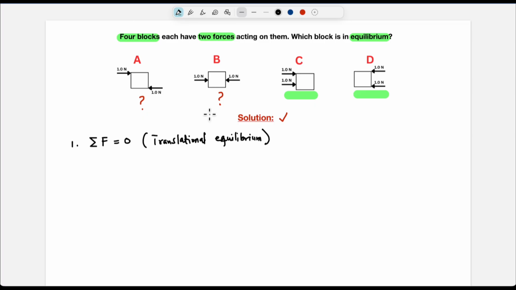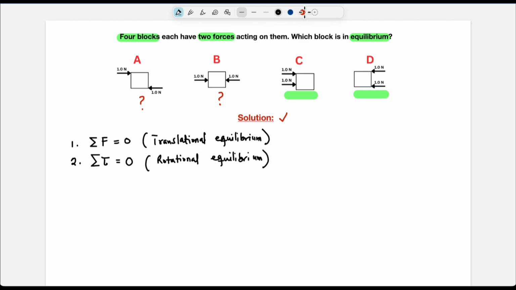And this condition must be met plus another condition before we can conclude if any of these blocks are in static equilibrium. Now, what is this second condition? It is also saying that the net torque on each of these blocks must be 0 before we can say they are in rotational equilibrium.